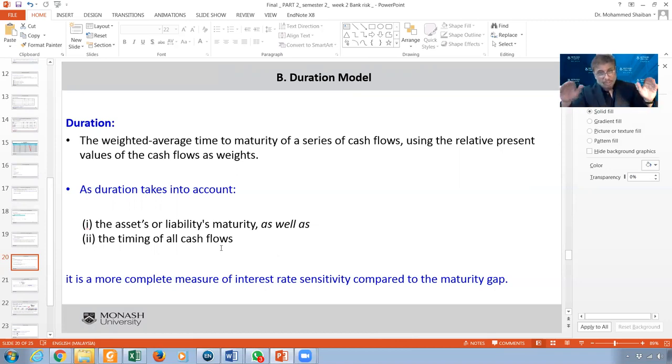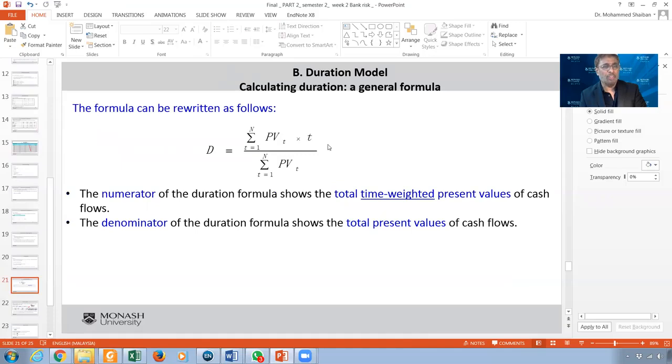The model was constructed so that it takes the cash flow and decreases the timing. The loan shows 3 years, but the duration model will take it as less than 3 years if there is cash coming through the time. So this is the formula actually.